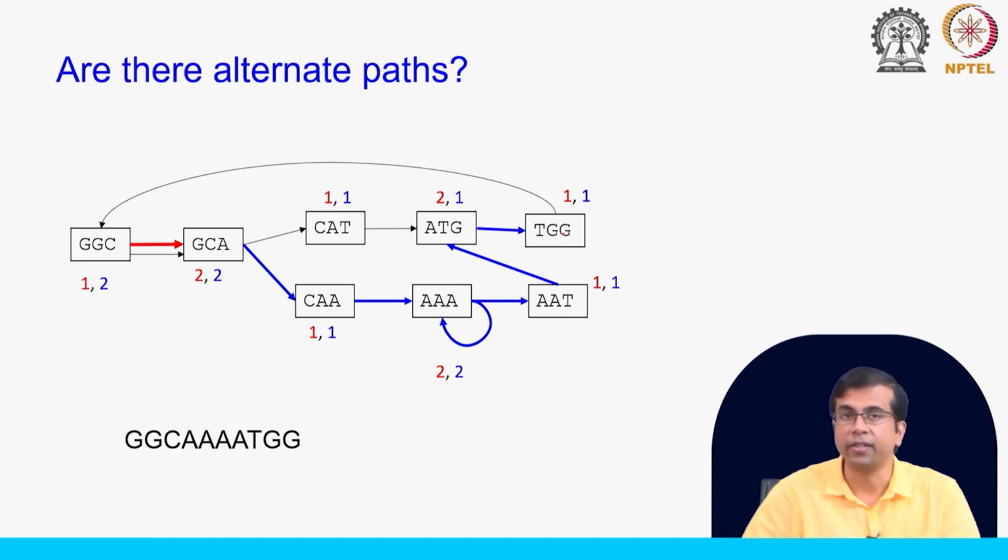So, we go to TGG and then go back to this GGC, which is where we started. Now we again have this option, GGC to GCA, there are two edges. We are taking the second edge now. In essence, we are utilizing all the paths that are available. From this point, we can take the upper path, towards CAT, because we have taken the downward path already.